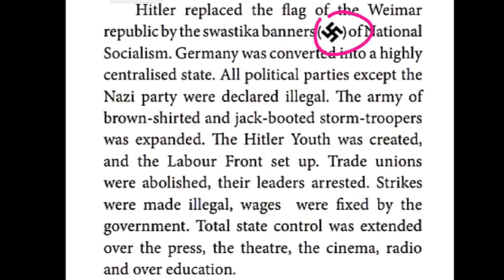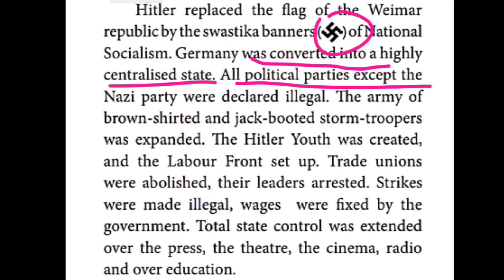Here in Germany, a lot of changes were there after the arrival of Hitler. Germany was converted. What does converted mean? In the sense, changed. Total changes were there, converted into a highly centralized state. Highly centralized, in the sense modern state. All the political parties except the Nazi party were outlawed. What does outlawed mean?